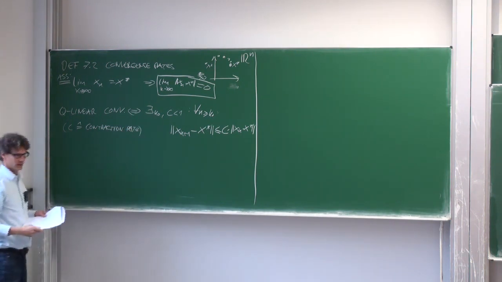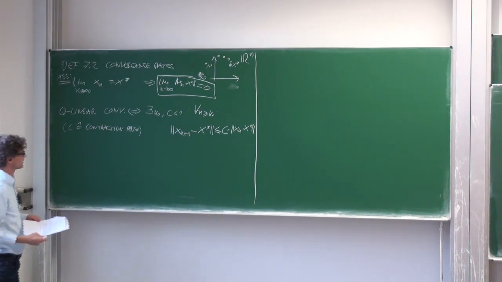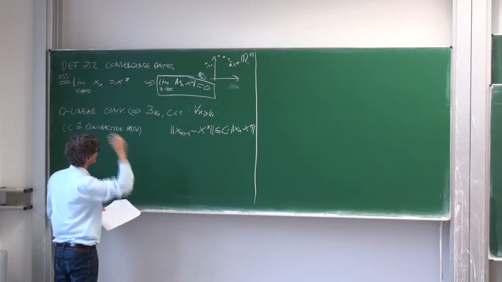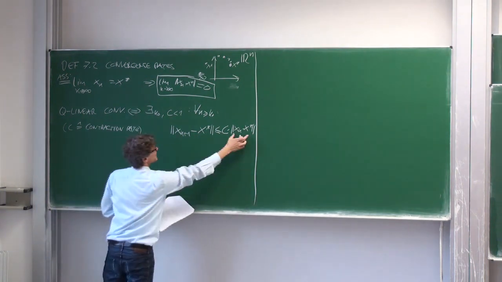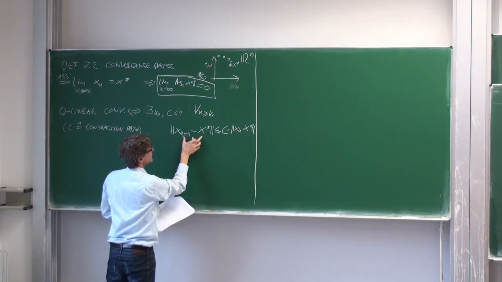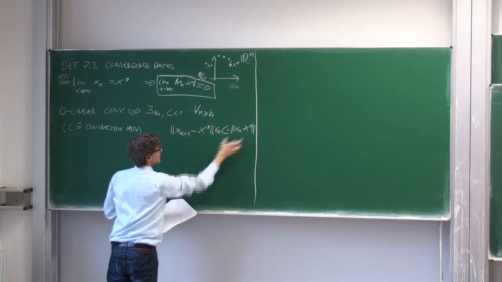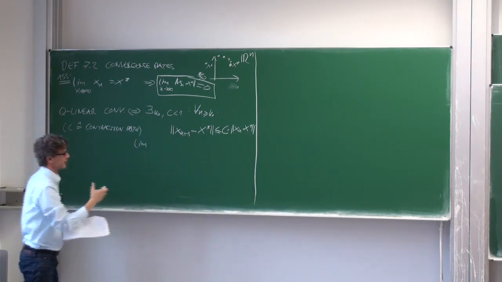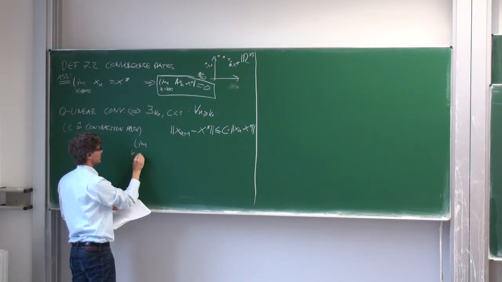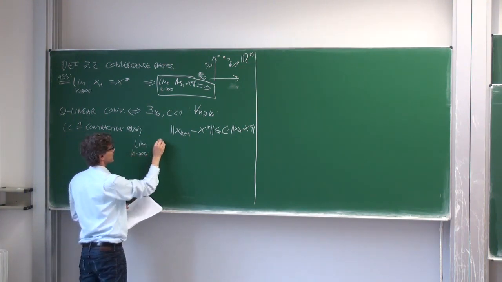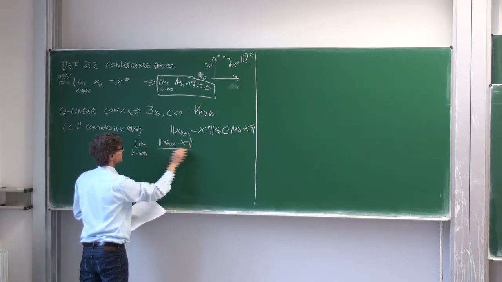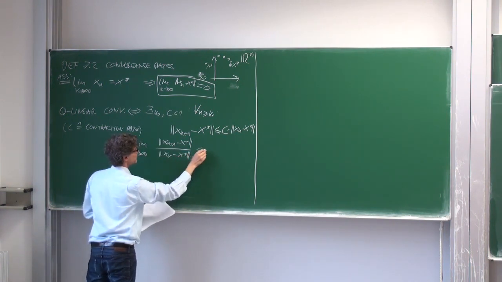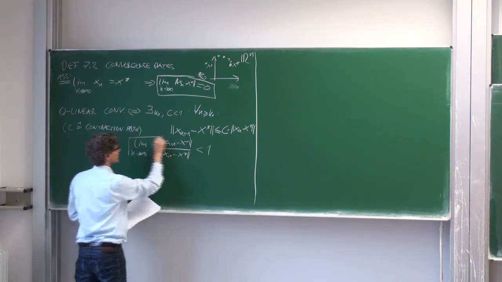That would be the definition of Q-linear convergence, and another completely equivalent definition is saying that the limit of xk plus 1 minus x star divided by xk minus x star should be smaller than 1.